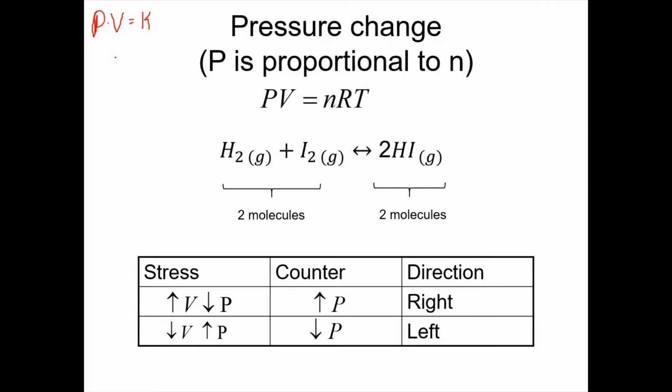So when you increase the volume, you're going to decrease the pressure. In other words, if you expand a gas or set of gases, as we would see in a system, not just one gas, but a set of gases, if you expand a gas, then the pressure will drop. If you compress a gas, in other words, you drop the volume, then the pressure will go back up. Right? And so these are the type of pressure changes we're looking at here.